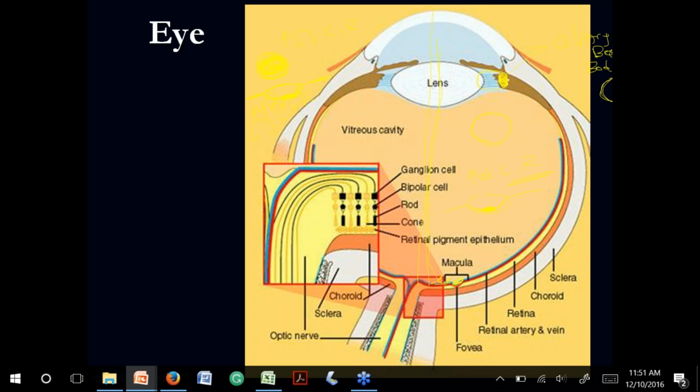So the ciliary body is composed of the ciliary muscle. This is the ciliary muscle. Can you see these lines? The ciliary gland and the ciliary vessels. The ciliary gland is producing the aqueous humor. That is what the ciliary body is doing.